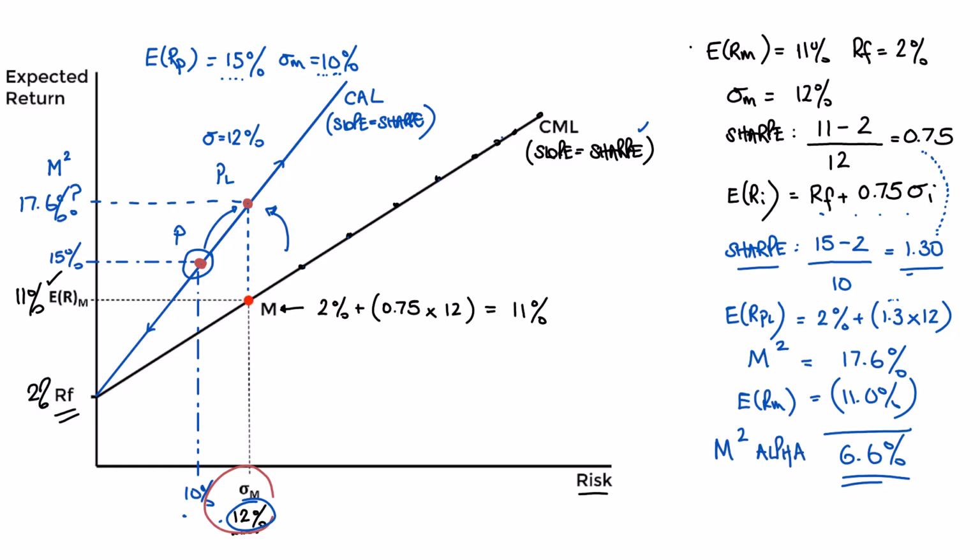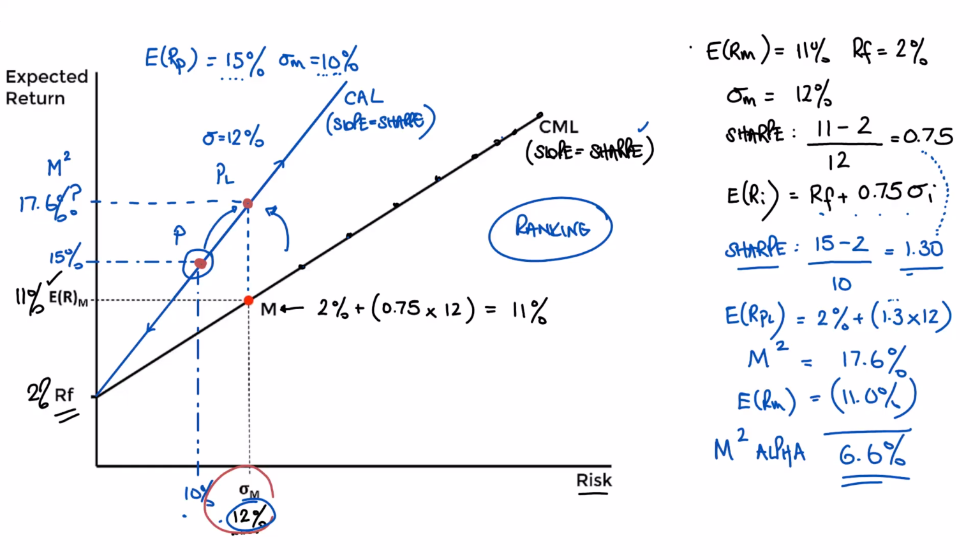Now, what actually drove me to cover this today was a very good question we got on the site, which was talking about M squared, but comparing it to the Sharpe ratio and talking about ranking performance. If you're looking at 2 or 3 or 4 or 5 different portfolios, you can rank them with their Sharpe ratio, or you can rank them using M squared.